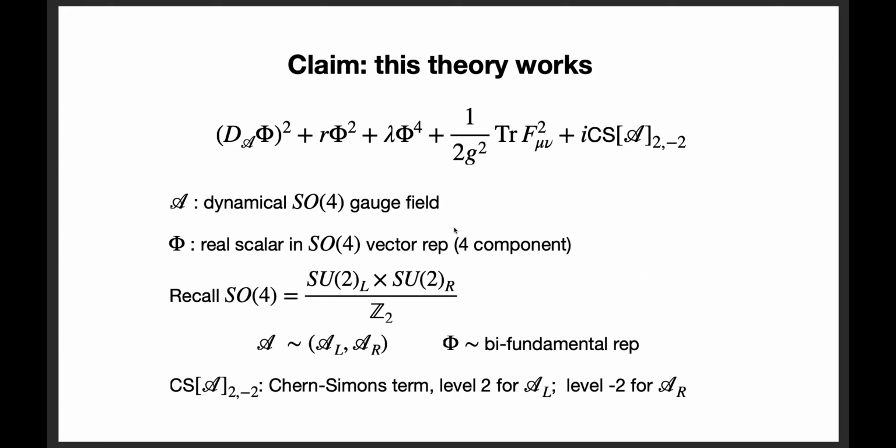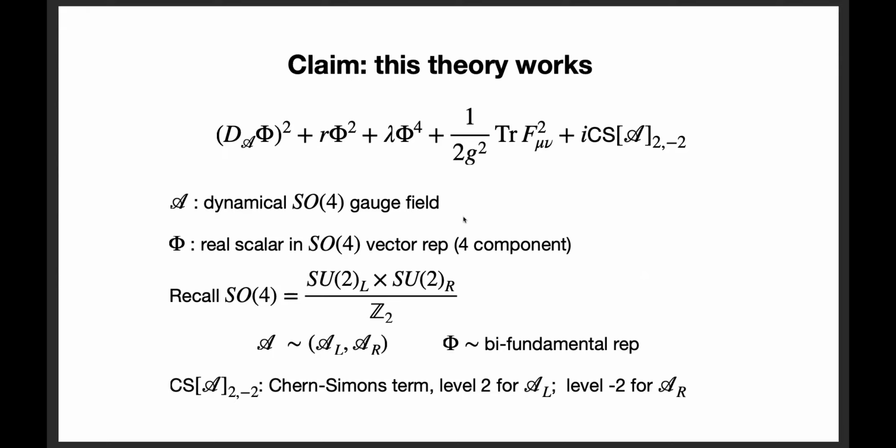This last term will be a Chern-Simons term, where the left SU(2) gauge field is put at level 2, and the right SU(2) is put at level -2 of the Chern-Simons theory. The whole theory is time reversal invariant.